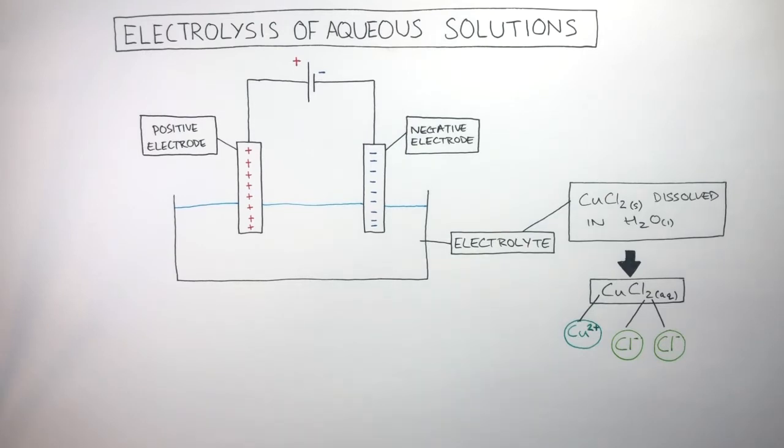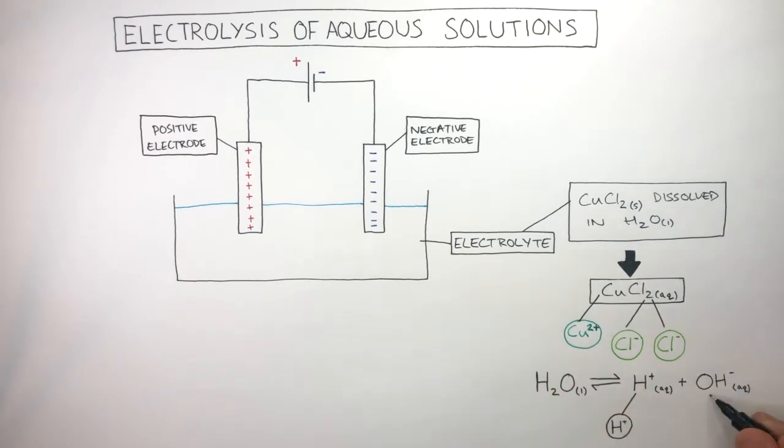When any soluble ionic compound dissolves in water, the water ionizes into a hydrogen ion and a hydroxide ion. The water ionizes from a simple molecule into two ions. We can demonstrate this in an equation, which is H2O (l) reversible sign, which forms H+ (aq) for aqueous, and OH- (aq) for aqueous.